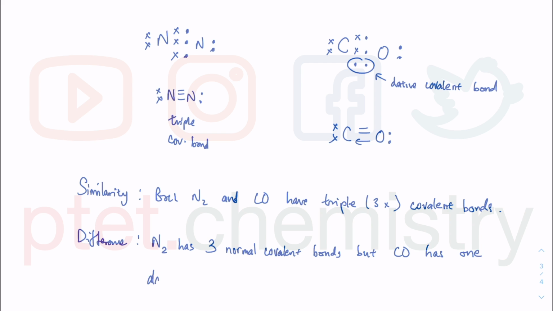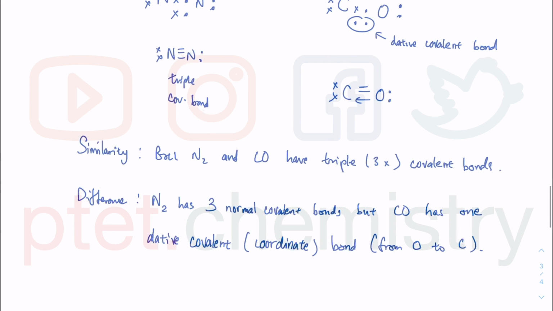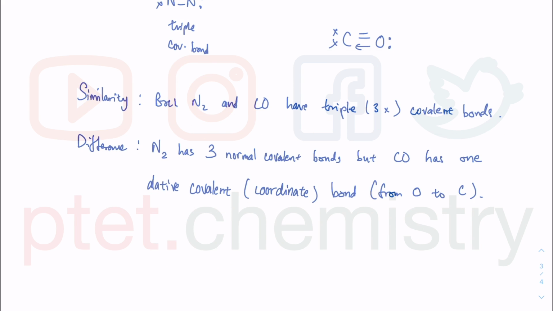If you don't like the term dative covalent, it's also stated in your syllabus as a specification that it is also known as a coordinate bond, that is from the oxygen to the carbon. That is this pair of electrons there. There's this arrow that I'm showing from the donor to the acceptor.